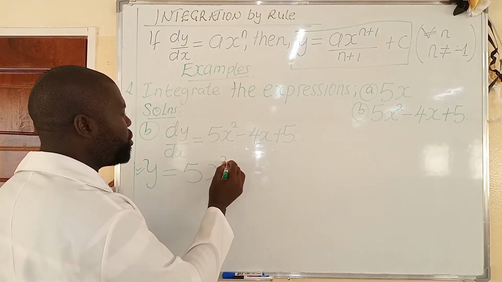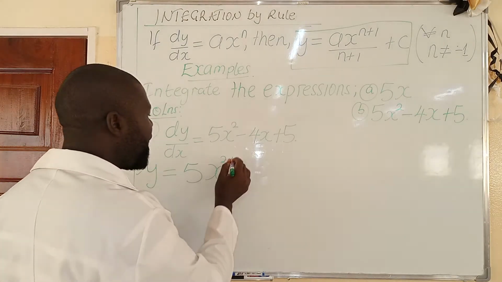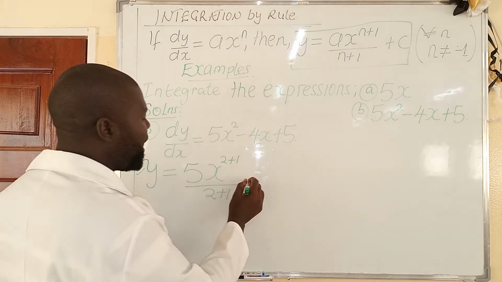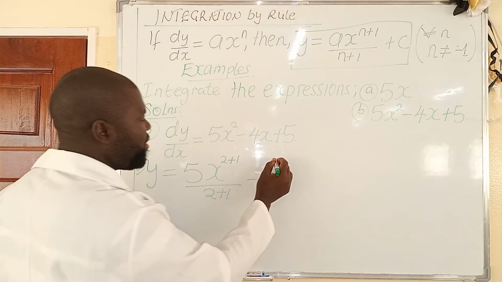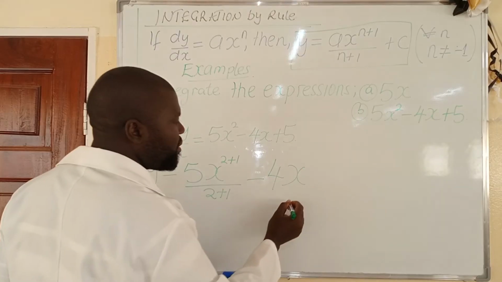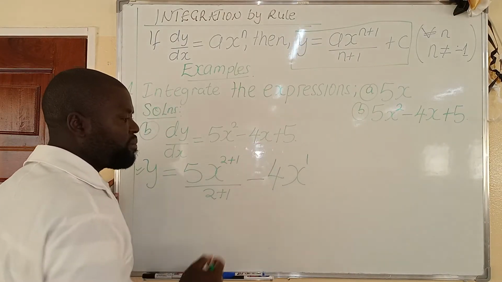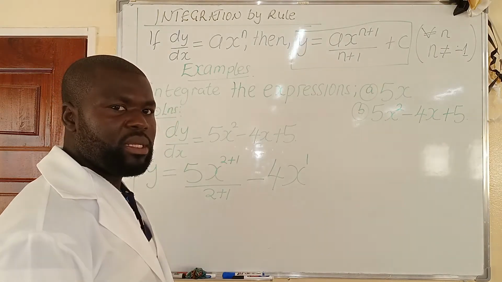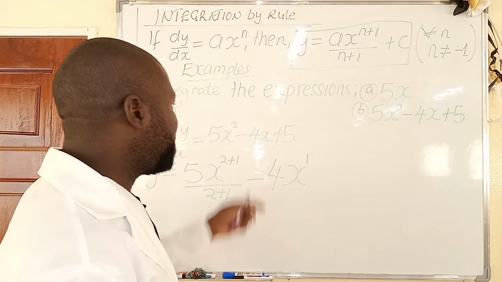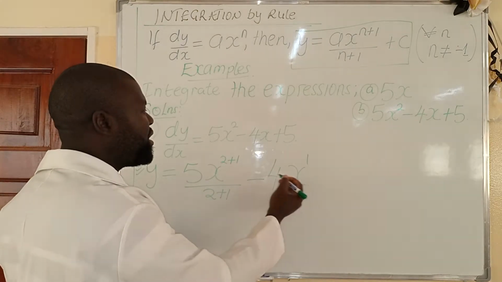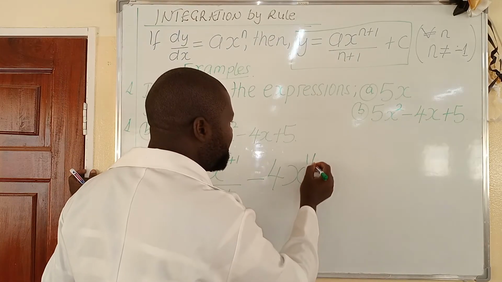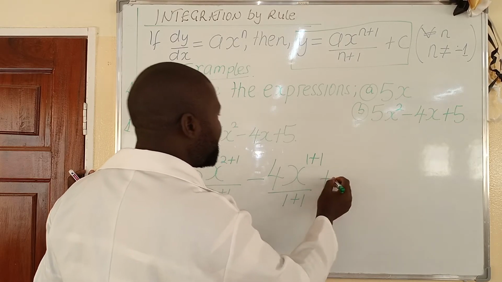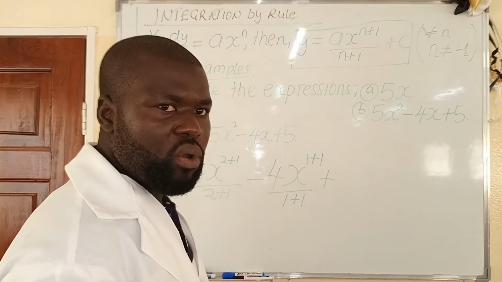5x power 2. The rule says we add the 1 to the power, we divide by the new power. Minus 4x power 1. As you can see, x has a power 1, even if it is not written, because it is already alone. But for the sake of showing our working, we need to reintroduce it. So we add the 1 to the power, we divide by the new power. Plus, again, we apply the rule on 5.